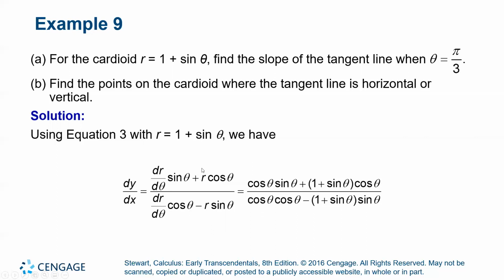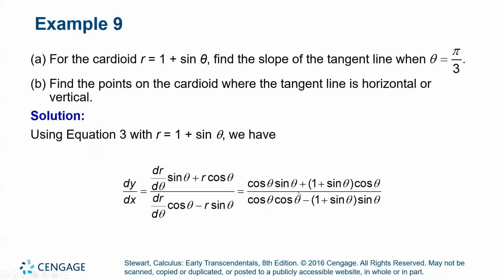Both in the numerator and the denominator, r gets replaced with 1 plus sine theta. And then what is the derivative of r with respect to theta? What is the derivative of 1 plus sine theta? Well, 1 goes to 0 and sine becomes cosine. So we replace both of the dr/d thetas with cosine theta, which gives us a long, sort of ugly looking expression for the derivative of y with respect to x of this formula.